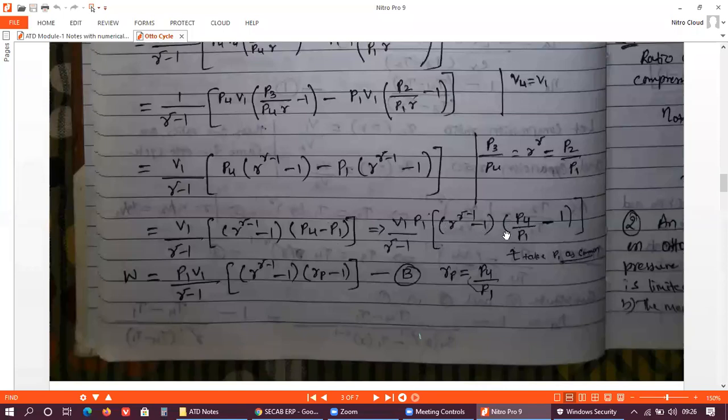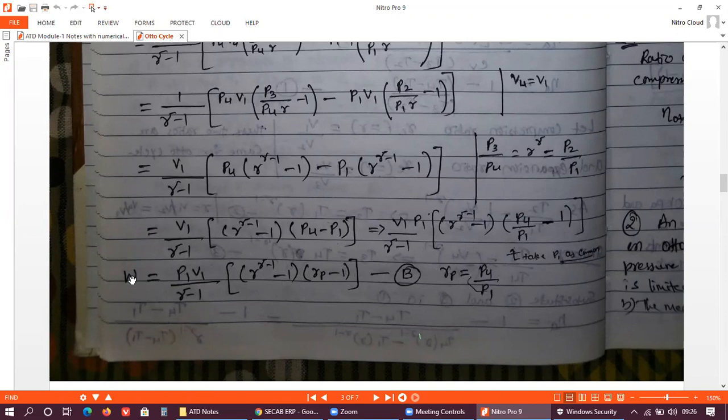So we have taken p1 as common and written the expression. No doubt, when we multiply this p1 inside the square bracket, again you will get the previous term only, right? Later on this p4 by p1 has been replaced by the pressure ratio rp, that is p4 by p1.